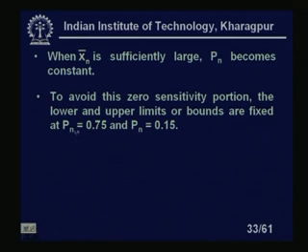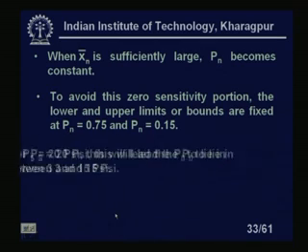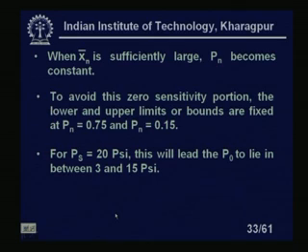For a supply pressure of 20 psi, this will lead to Po lying between 3 and 15 psi. I cannot make it 0, because we need a continuous bleeding of air through the nozzle.